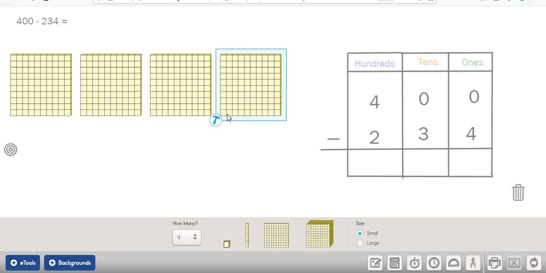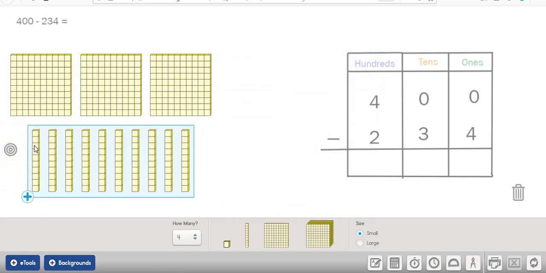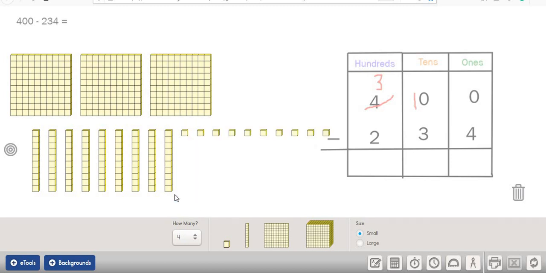So let's regroup this 100 as 10 tens. Here they are. So interesting. So now we have 300 and 10 tens. But until now, we don't have ones. So we need to regroup 10 tens as 10 ones, like this.